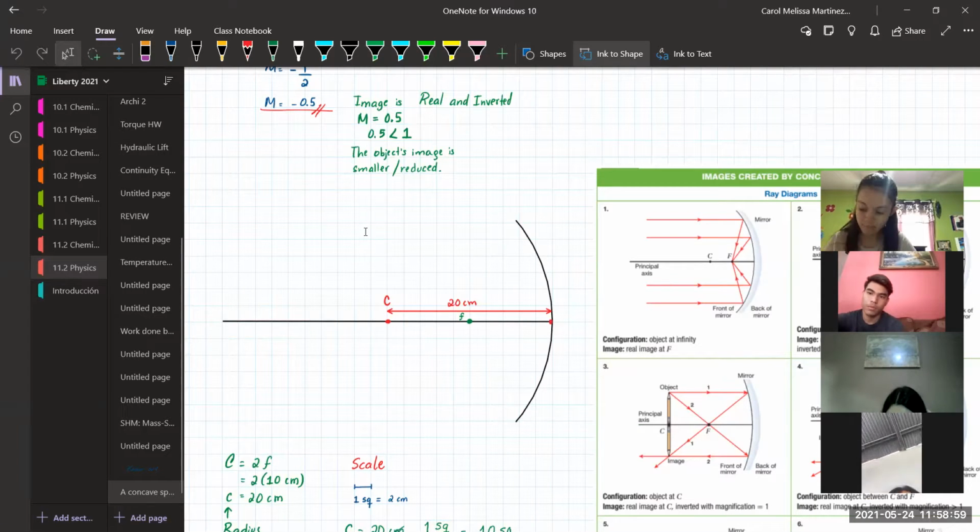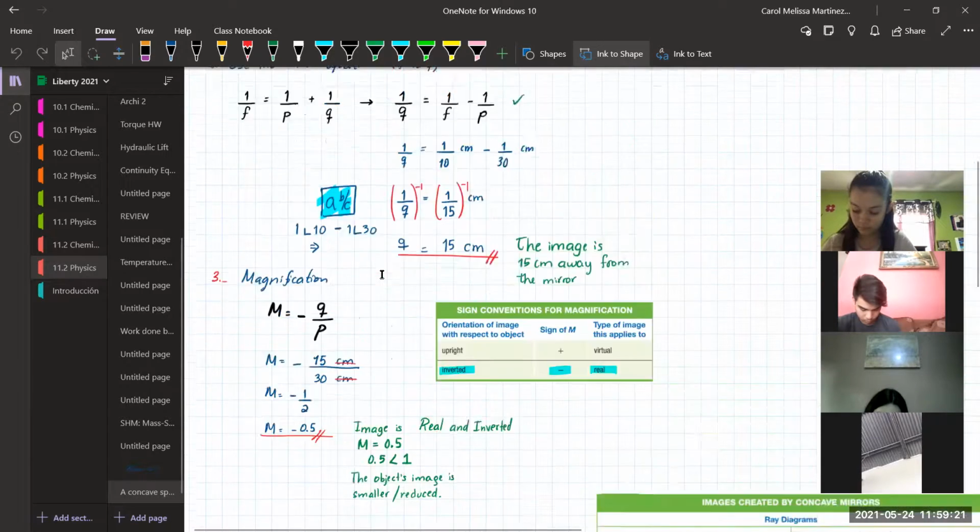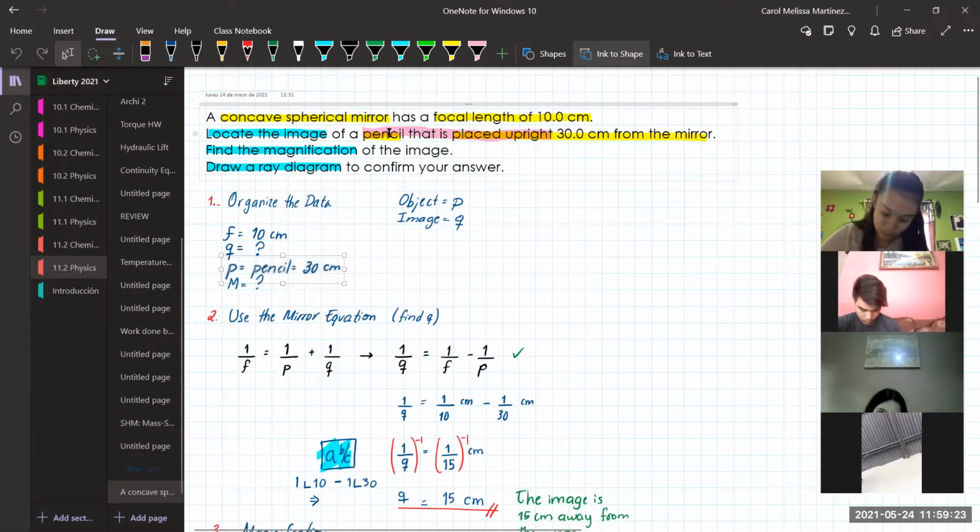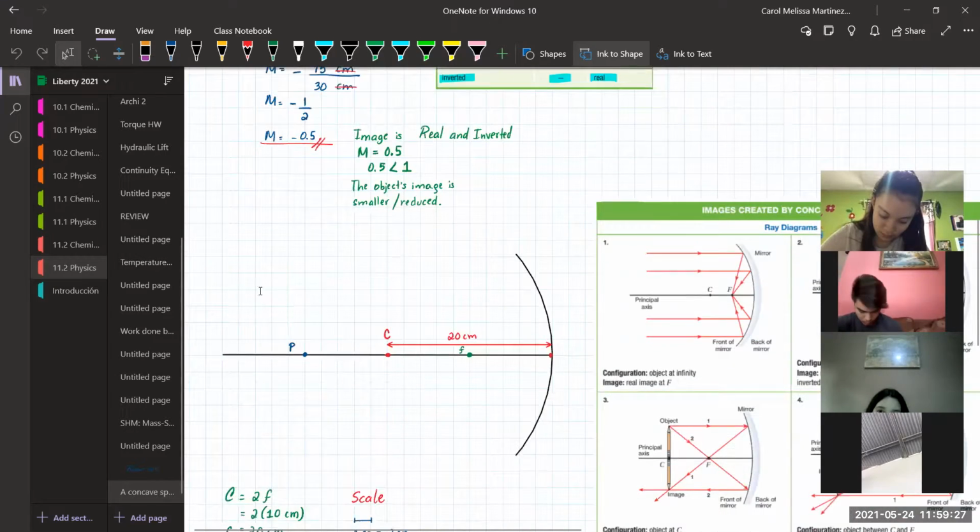Remember? This one was 10. So 11, 12, 13, 14, 15. In this point right there is where my object is going to be located. Now, what do I know about the object P? My object P is a pencil that is placed upright. So I'm going to start drawing my pencil.